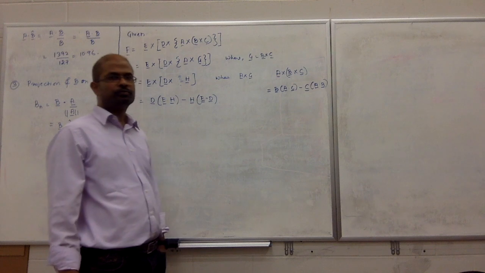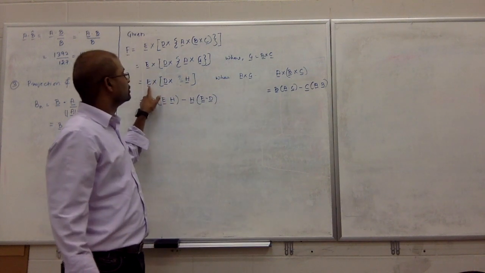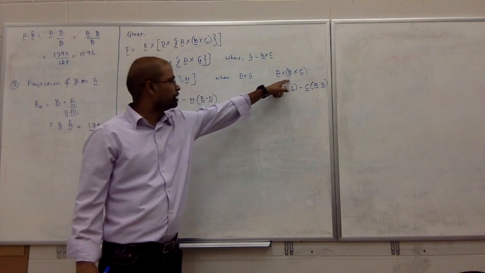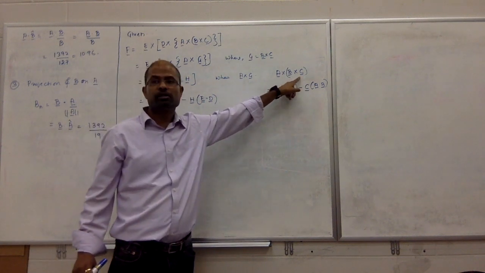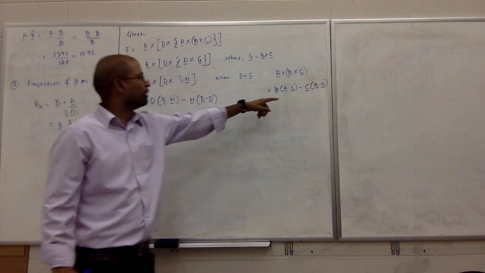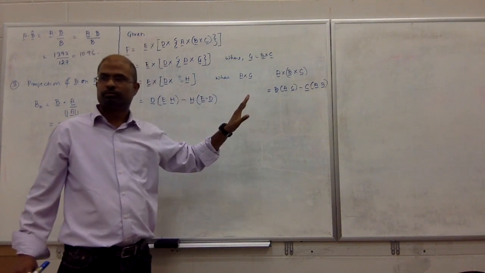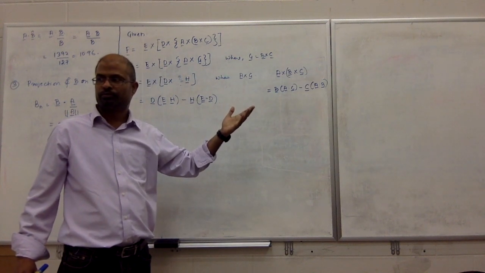You understand? Now you just have a one-to-one correlation. A is E, B is B, C is H. And then you correlate BAC minus CAB. You get it? Simple?